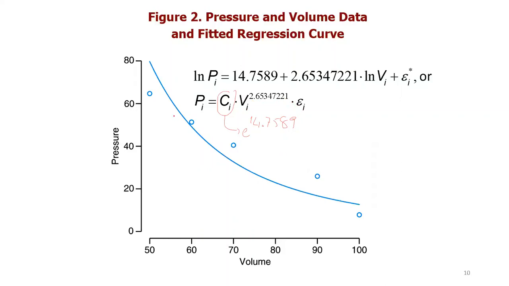So these are the real points, and this line is not the regression line over ln P and ln Vi, but it's the line over what? It's the line over Pi and Vi. So in fact, this blue line is the line defining this relationship.